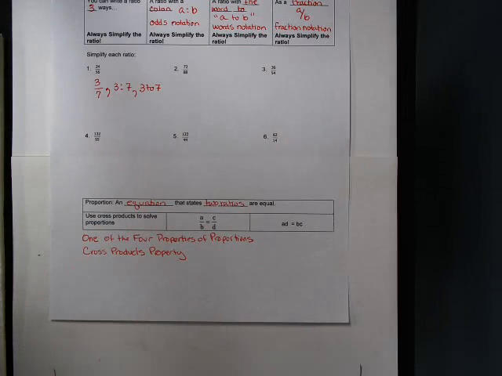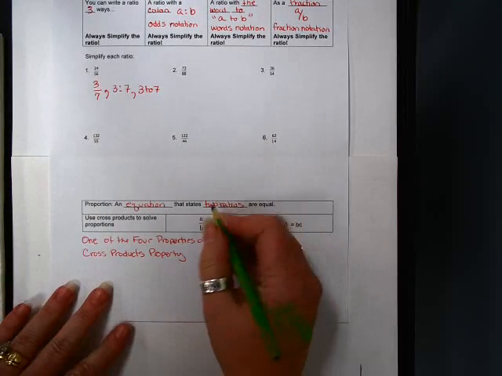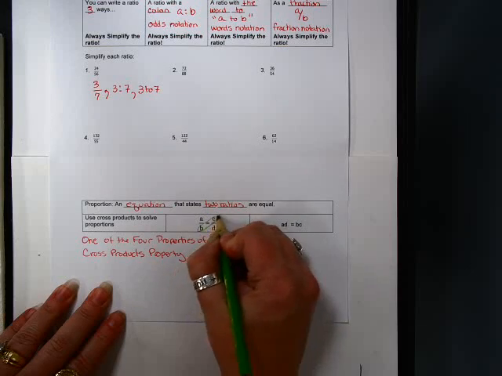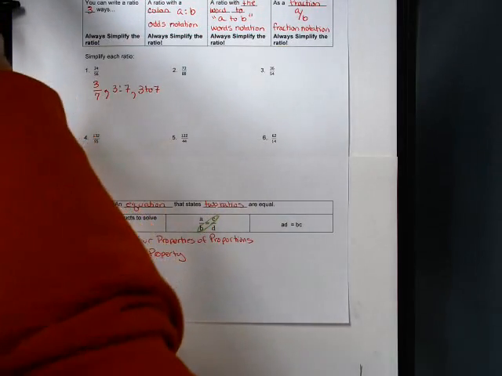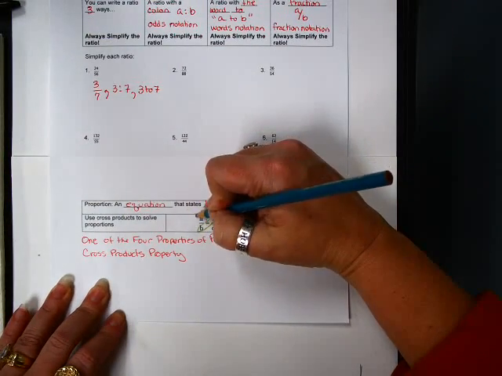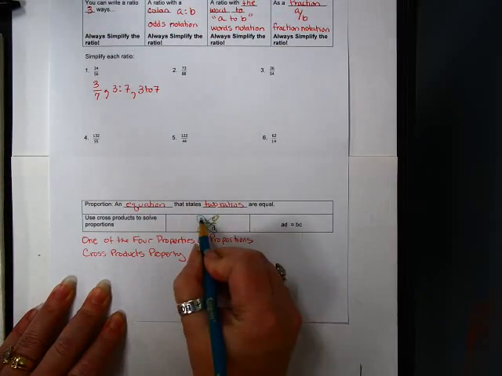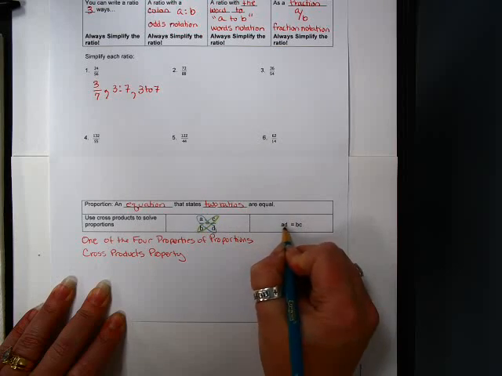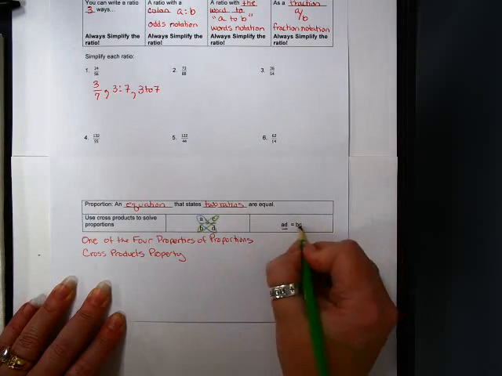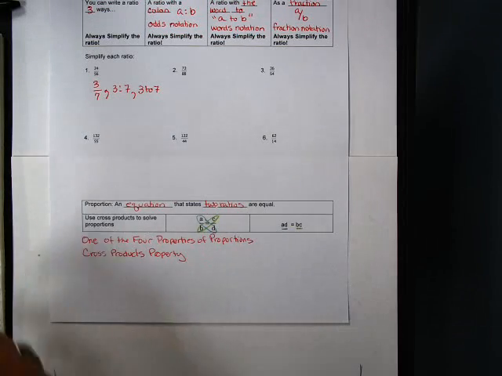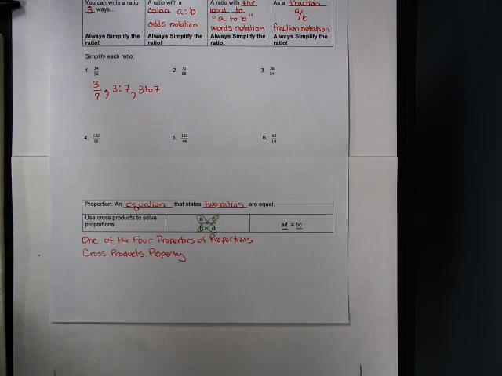You'll remember this from middle school because we would circle these two, and then we would circle the next two, and we would say A times D is equal to B times C. And then we would just use our algebra skills to solve whatever letter or variable was missing.